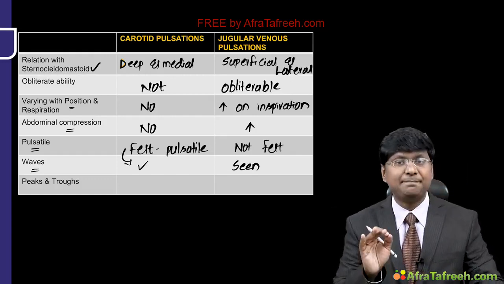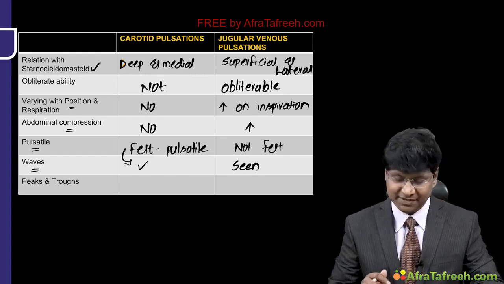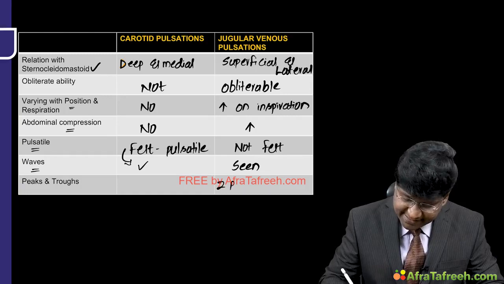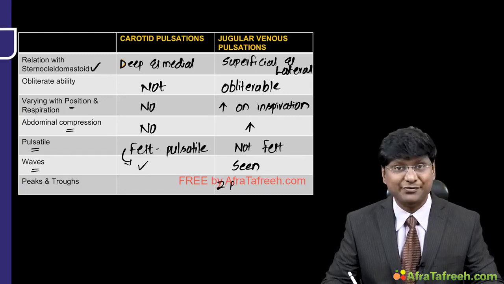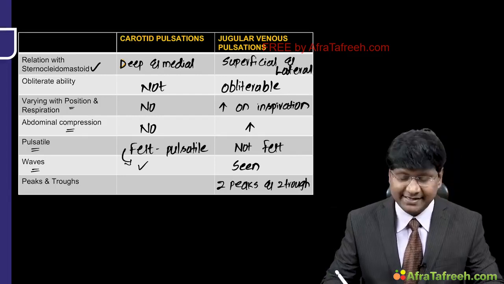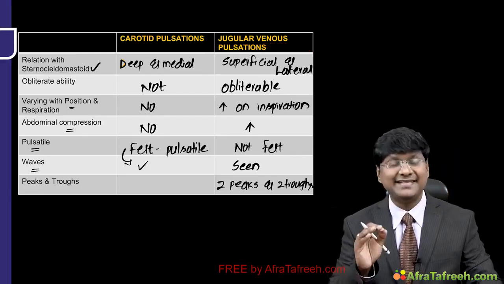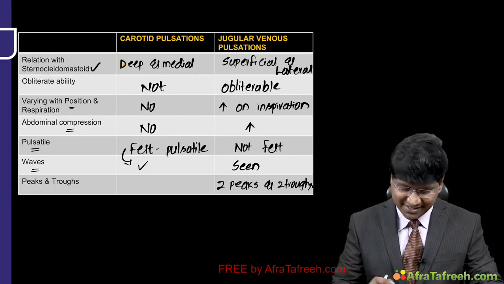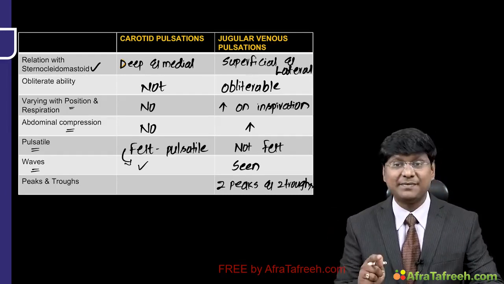Now, what about the peaks as well as the troughs? If you take the jugular venous pulsations, you have two peaks, that is the A and the V wave, which we will be discussing. And there are two troughs, right? These troughs are the X and the Y. Now, what about the peaks and troughs in the carotid pulsation?